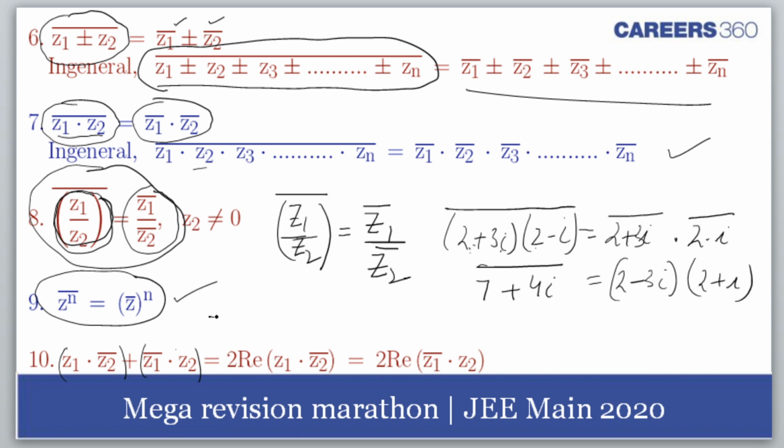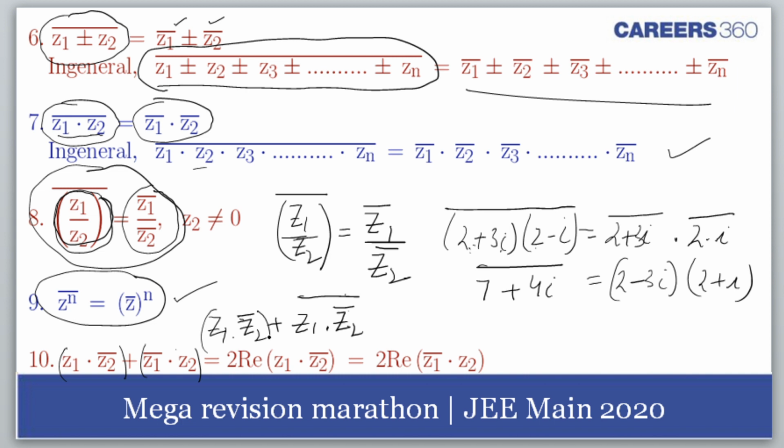So, what is that? We write Z1 plus Z1 into Z2 conjugate plus Z1 conjugate into Z2 is twice real part of Z1 into Z2 conjugate. How do I get this? I write Z1 into Z2 conjugate. Now please focus, students. Now the second thing, how will I write? I write Z1 into Z2 conjugate and whole conjugate. Am I right? Can I write this second bracket like this? Because when this conjugate will percolate down, it would be conjugate upon conjugate. Z2 would remain without a conjugate and it will become Z1 conjugate.